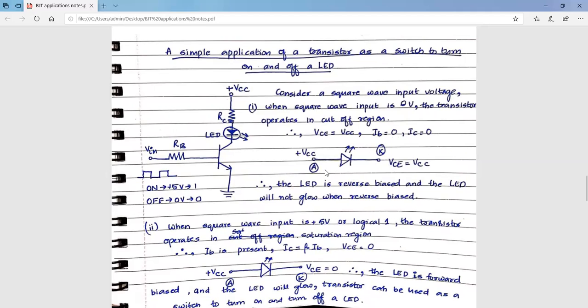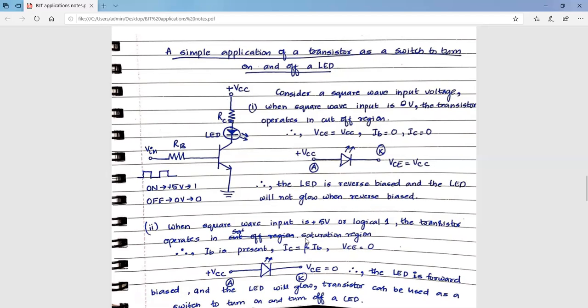But in this condition, we can see that both the voltages across anode and cathode are almost the same. We know that if the LED has to glow, the anode should be at higher potential compared to the cathode. Therefore the LED is reverse biased, and the LED will not glow when it is reverse biased.